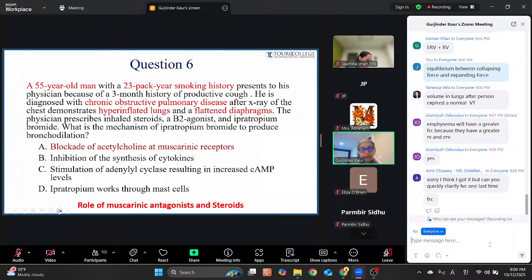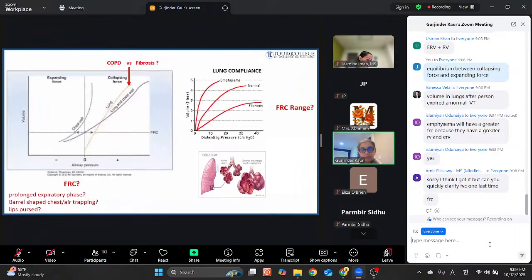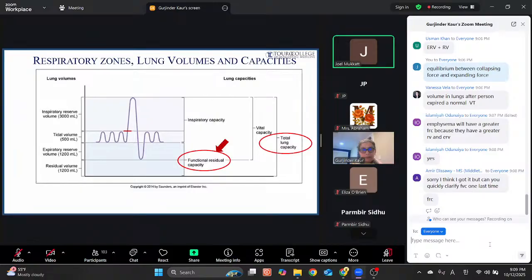So what is your FRC? FRC is comprising your expiratory reserve volume and your RV, right?